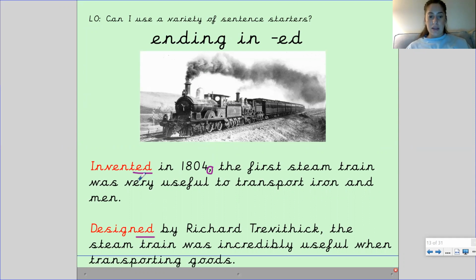So both of these sentences are starting with words that end in ed. Invented in 1804, and the rest of the information about what was invented in 1804. Designed by Richard Trevithick is also starting with the ed word that tells us who designed it. So designed by this person was this item.